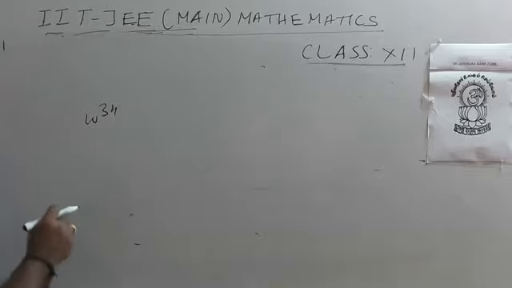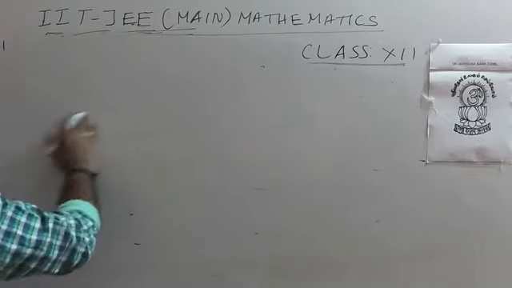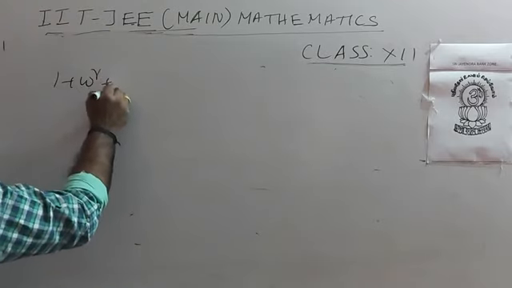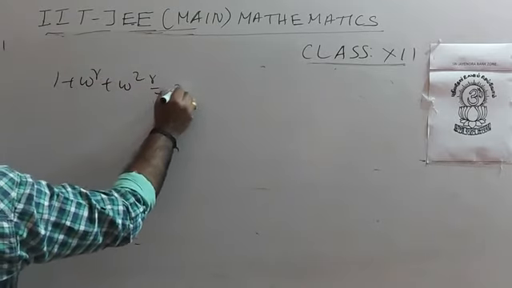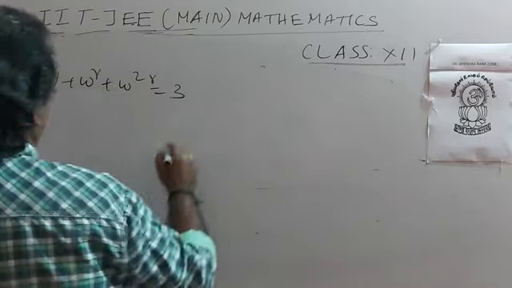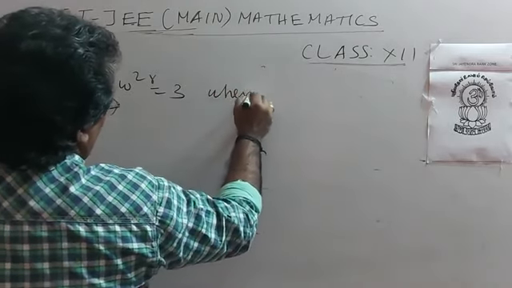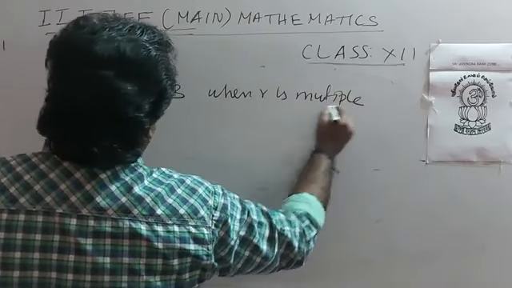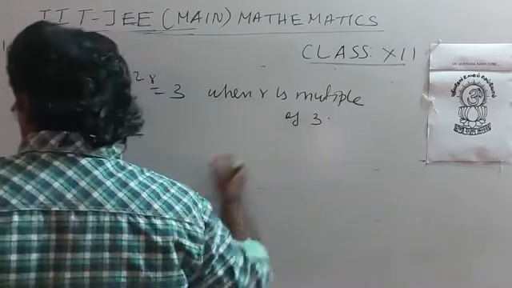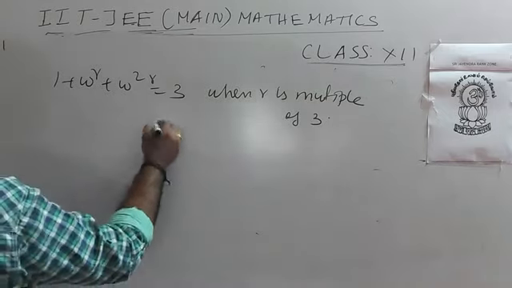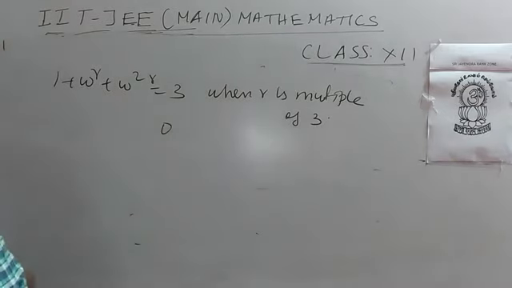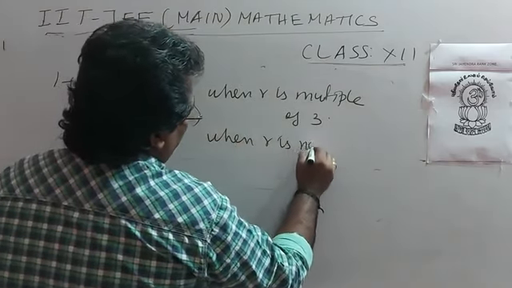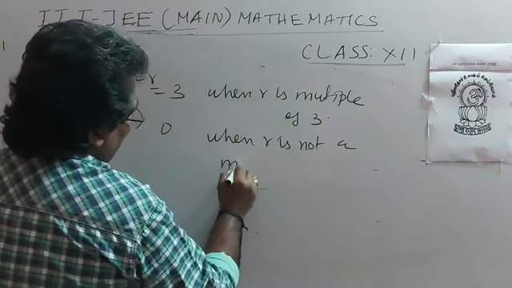If a multiple of 3 exists in the power of omega, the answer will be 1. 1 plus omega power r plus omega power 2r equal to 3 when r is a multiple of 3, and 0 when r is not a multiple of 3.